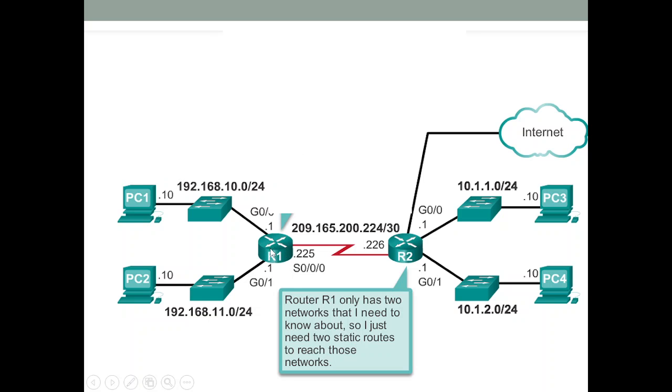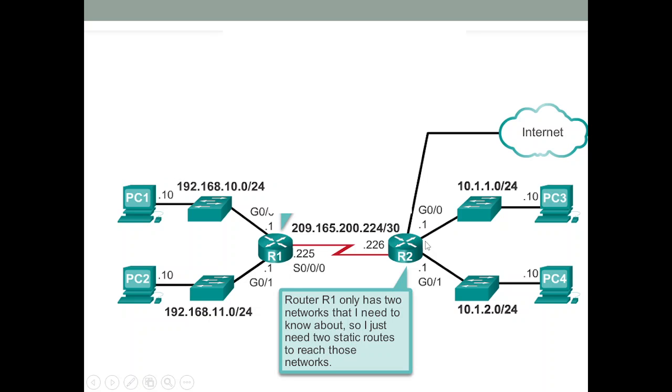Now let's look at router 1. Router 1 has 3 networks which are directly connected. In other words, we can see there are 3 cables. This is network 1. This is network 2. And this is network 3. So these are directly connected to this router. But when you look at these other networks, like this one here, this cable is not connected directly to router 1.